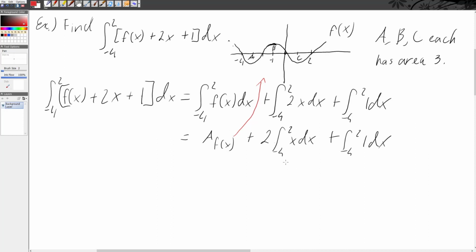Let's try to find the graph of just x from -4 to 2. The graph of just x, so that's 1, 2, 3, 1, 2, 3, 4. And this is just x, so go up by 1, go down by 1, connect the dots.